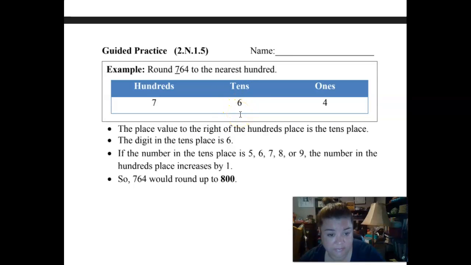A 6. So if the number in the tens place is 5, 6, 7, 8, or 9, then we're going to round up. That means this number is going to go up by 1. So this would change to an 8, and you change everything else to zeros. So 764 rounded up would then become 800. I know it's pretty confusing. We need to practice some.